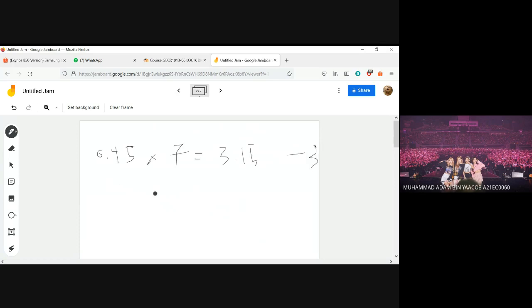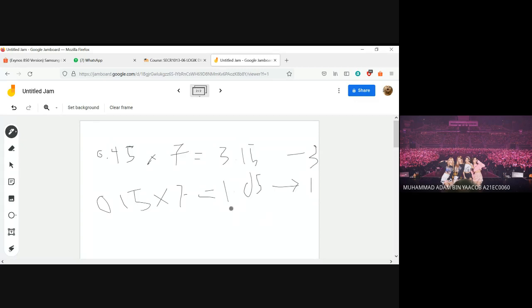And then 0.15 multiplied with 7, we get 1.05. So here is 1.